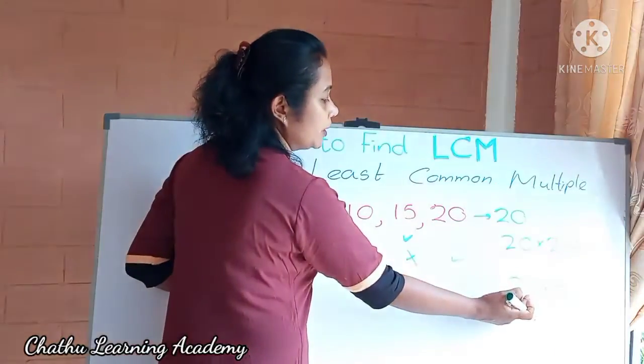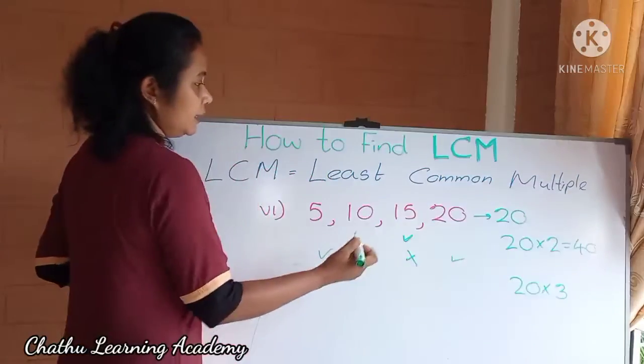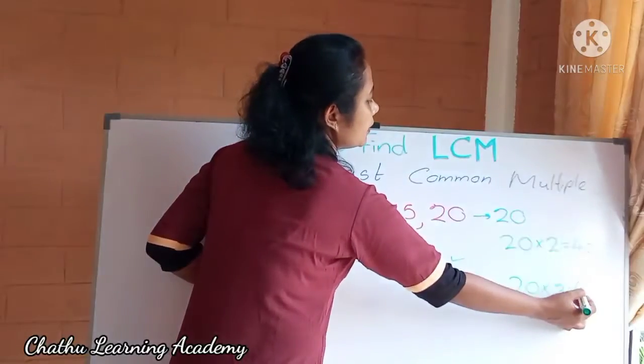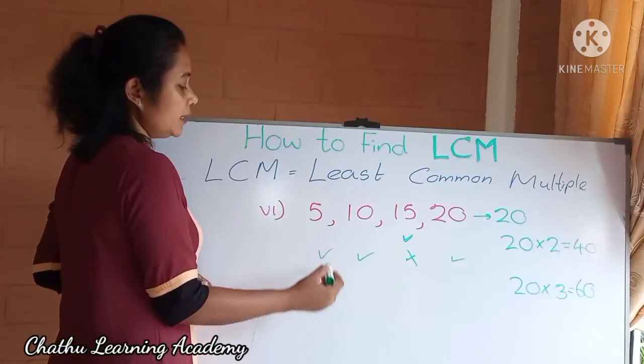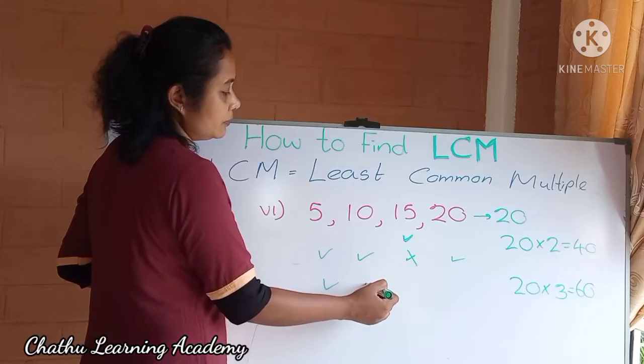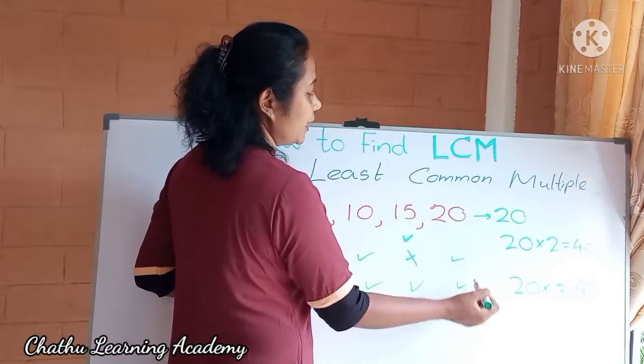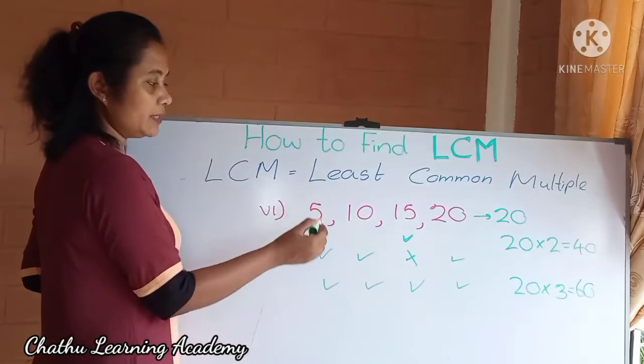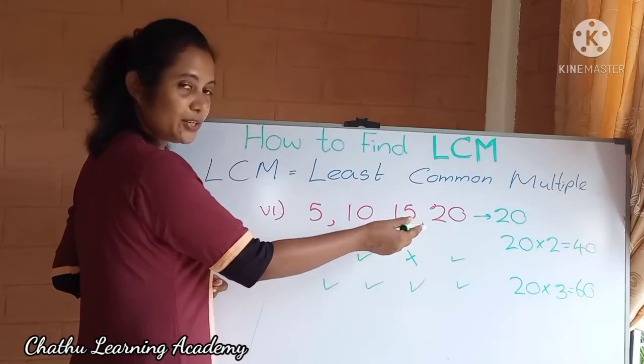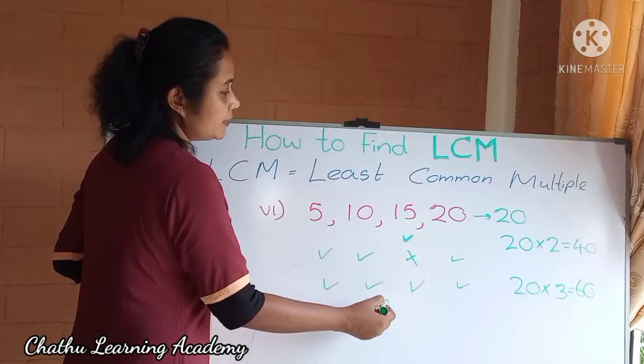Then we can multiply 20 by 3. Then here 60. Then 60 is a multiple of 5. Here also correct. Here also it's correct. Here also okay. Then what is the LCM of 5, 10, 15 and 20? It should be 60.